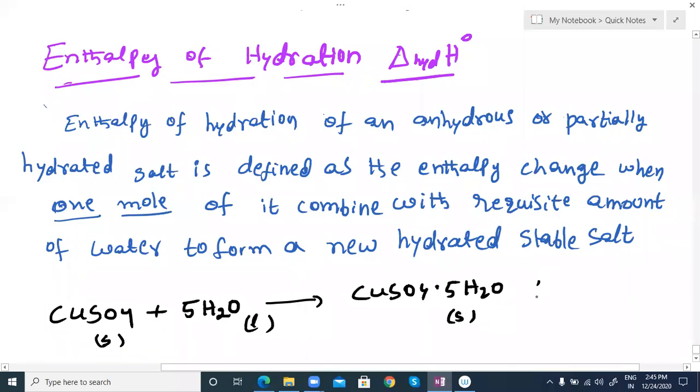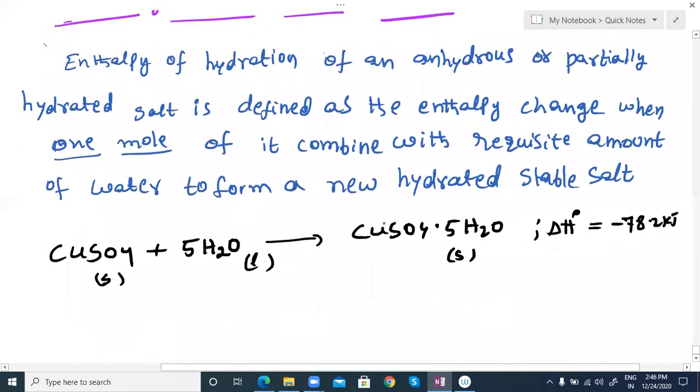In this process, they are gaining some water molecules and it releases some energy, sir. That value is given as minus 78.2 kilojoule. But you can see step by step. Then I am adding extra water, H2O in excess, and I will get CuSO4 aqueous.